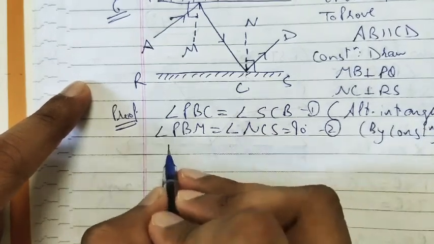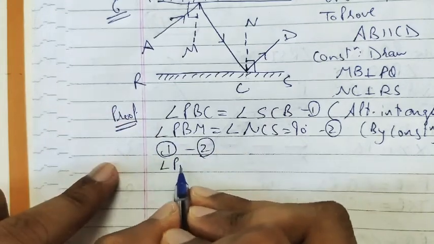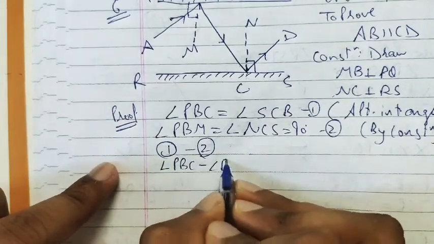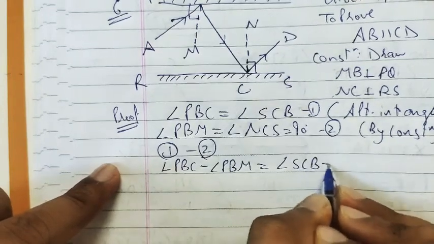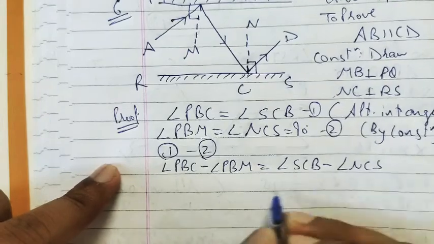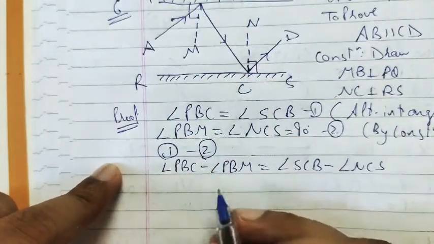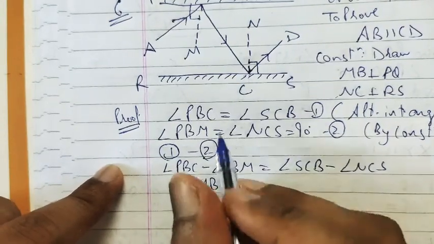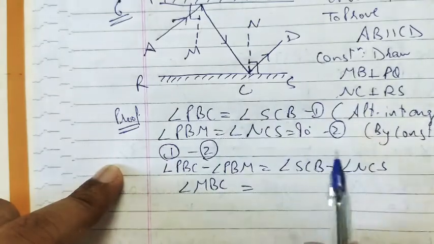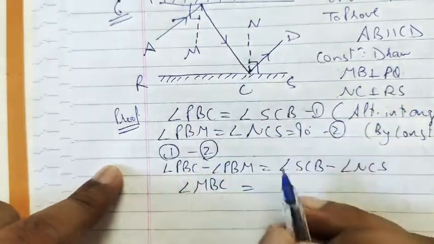So if we subtract equation second from equation 1, angle PBC minus angle PBM is equal to angle SCB minus angle NCS, right? So PBC minus PBM is equal to angle MBC, and SCB minus angle NCS will be equal to angle NCB.